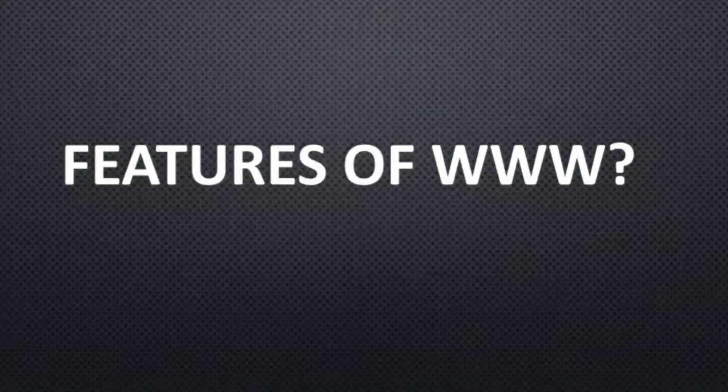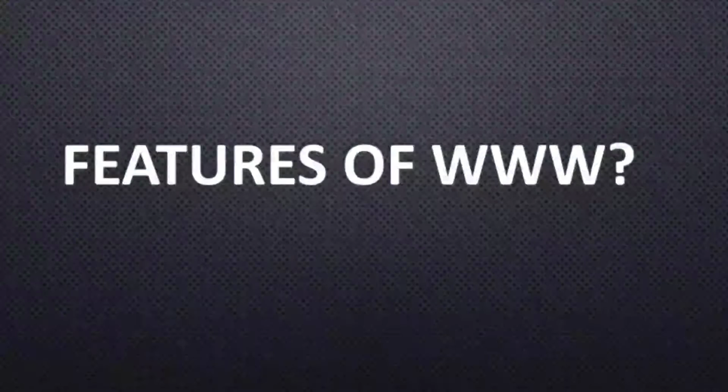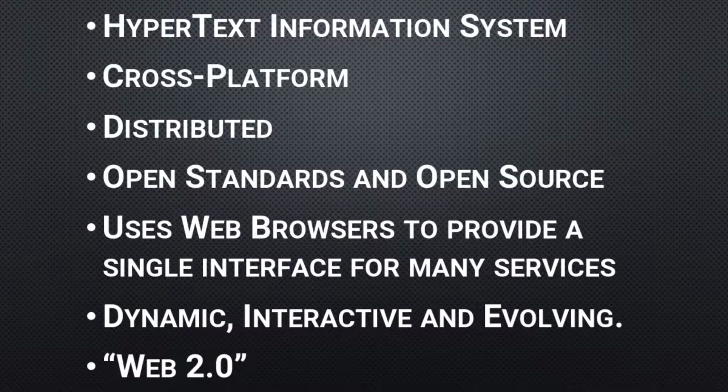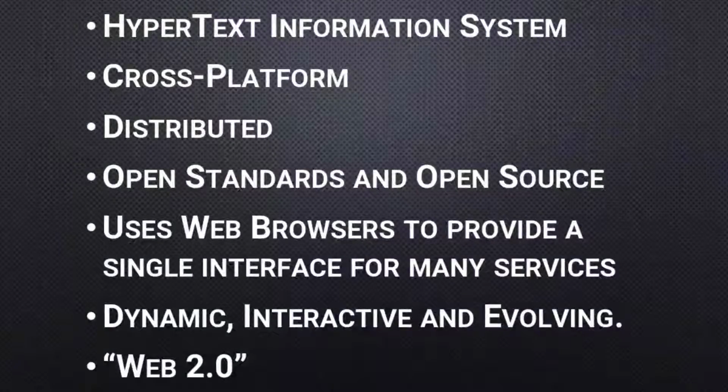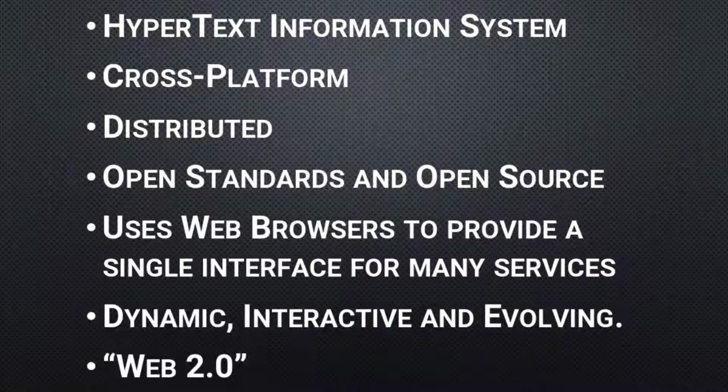Next, we are going to see the features of www. It is cross platform, distributed, open standards, and open source. It uses a web browser to provide a single interface for many services, and it is dynamic, interactive, and evolving. Cross platform, in the sense we can access it on any platform. It is not platform oriented, and it is also distributed.